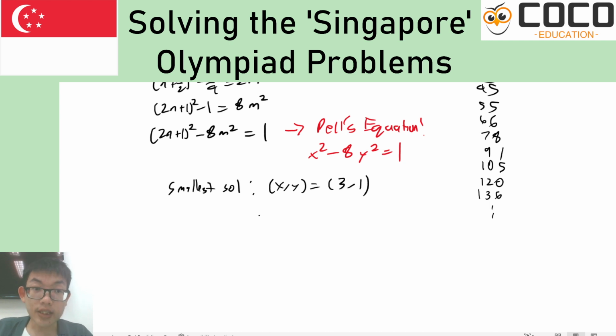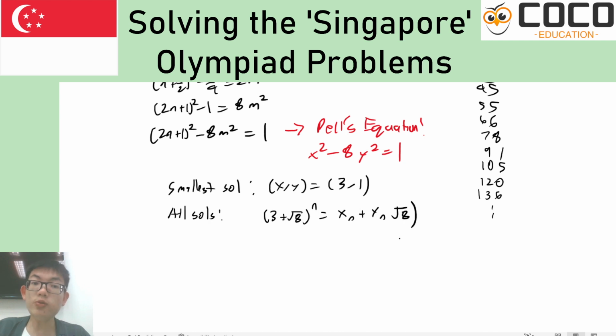Now that means that all your solutions will be generated in the following way: you use 3 and 1, and you take 3 plus 1 times square root 8. And this will give you the rest of the solutions for positive integer n.